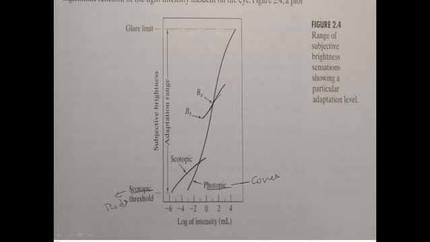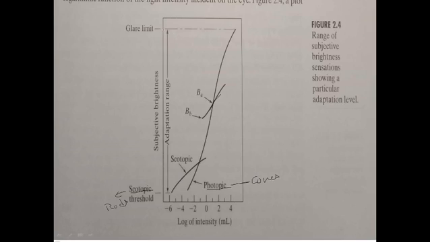When the light goes on increasing, you will not be able to see the brightest light. Can you see into the sun? It is impossible, right? Just because it is very much. So that limit in the brightness is called the glare limit. There will be a limit to see in the brightness also.